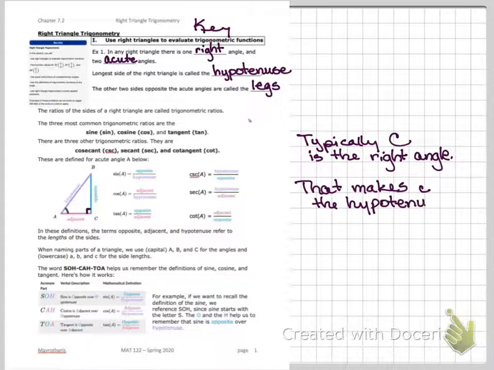Sometimes we have triangles that are labeled DEF, MNO, whatever. If it's got an ABC and the triangle itself is not labeled, pretty safe guess to think that that C is the right angle and the little c is the hypotenuse.